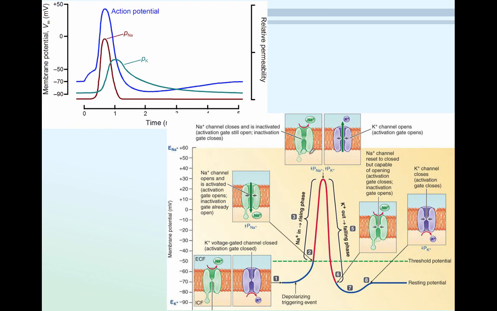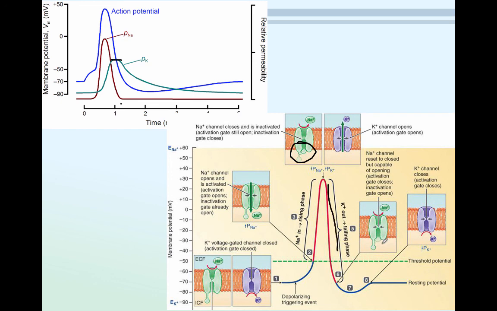At the peak, the inactivation gate of the voltage-gated sodium channel is shut. No more sodium can come in. The voltage-gated potassium channels are open. So look, the permeability to sodium has dropped way off. The permeability to potassium is at a peak, and so we get repolarization.